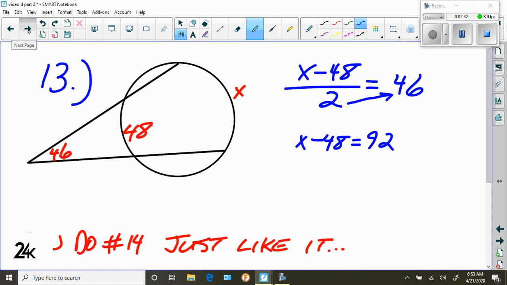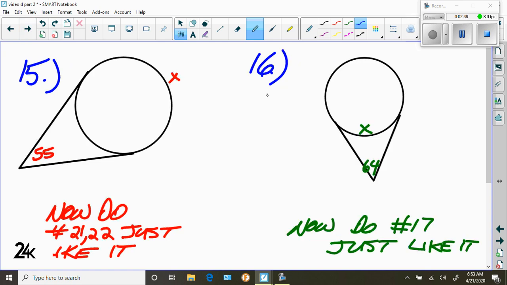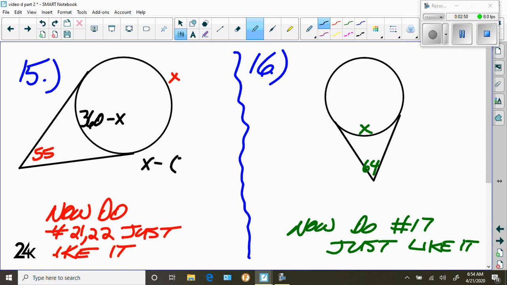Next. Oh, by the way, number 13 and number 14 are very similar. All right, number 15 and 16. And you're like, they're almost the same problem. Why did you do both examples? Here's why. If this is x, this is 360 minus x. And then if I do big minus small divided by 2, I'm going to have to put the 55 over here this time.